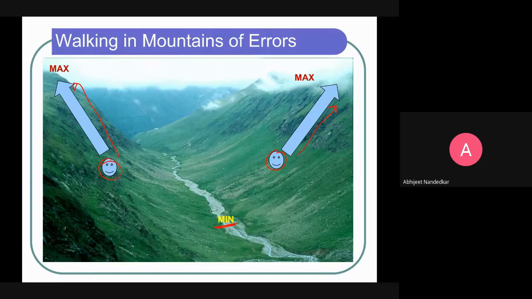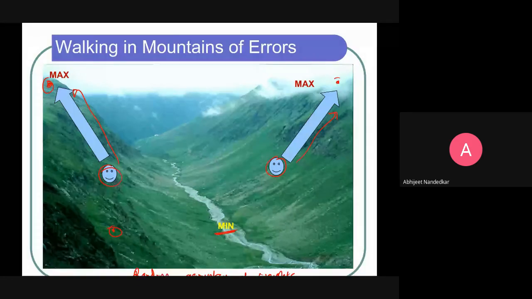When I do a random assumption of weights in a network, that means I randomly choose a point to start with. If I stand here randomly, this much height of error is achieved; if I stand here, this is the error achieved.